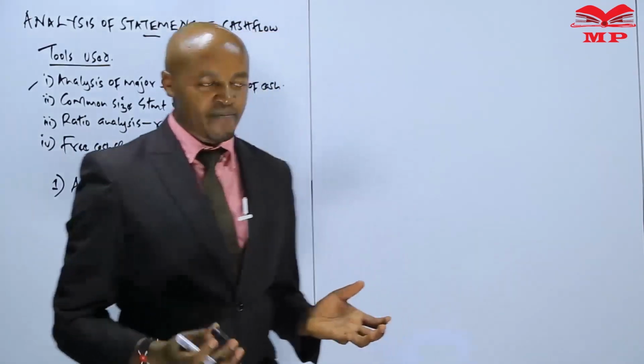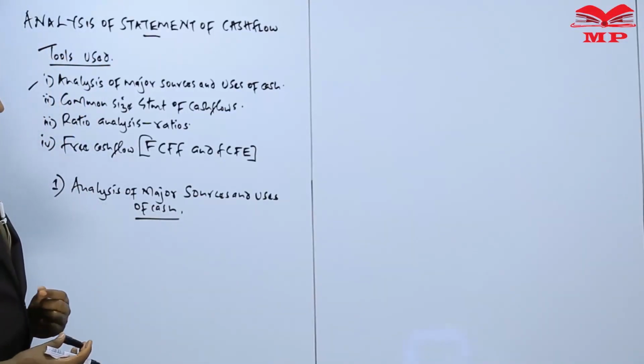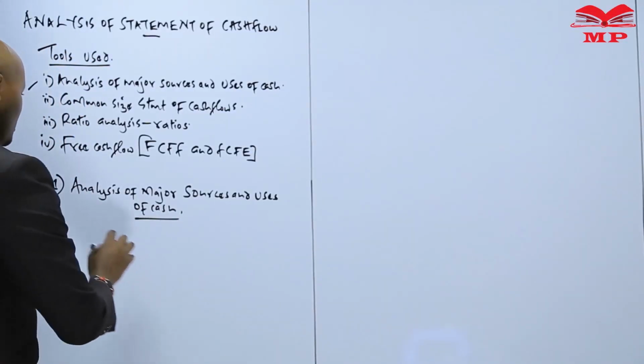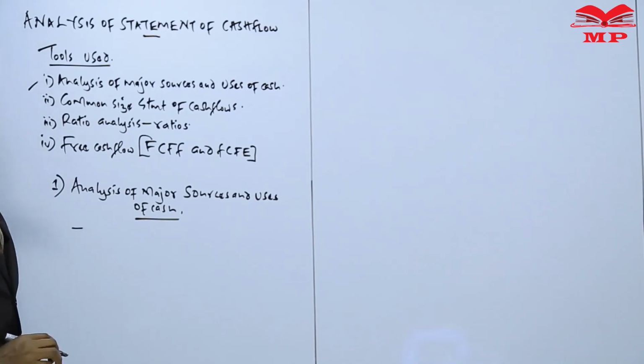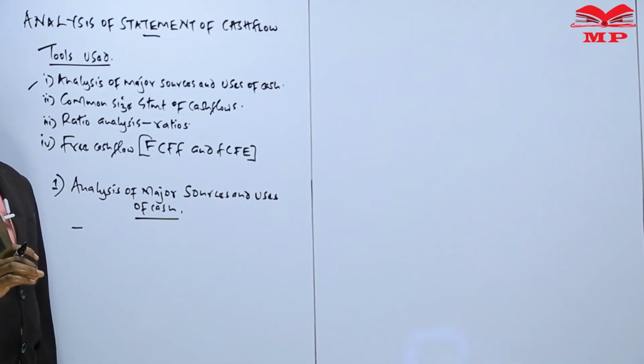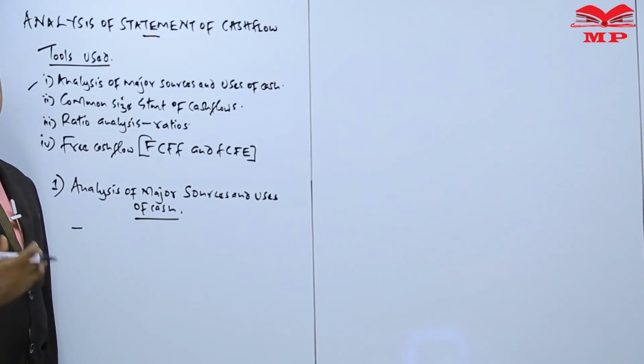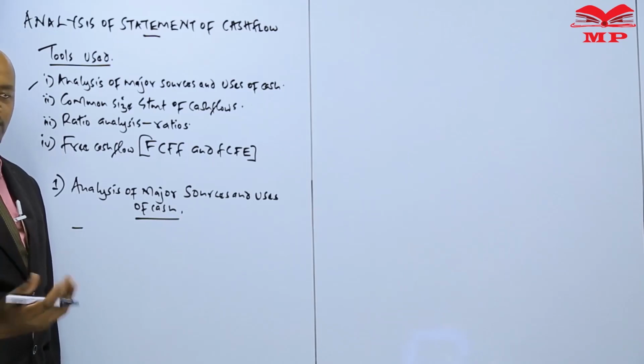Now, this particular tool, that is the analysis of the major uses and sources of cash, basically entails determining the various activities of the business which generated cash and the various activities of the business which utilized the cash which was generated.